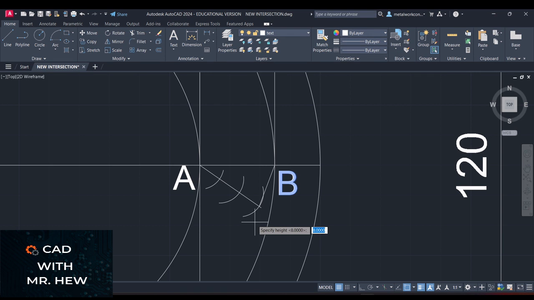I'm going to make it 4. So this would be 3. This would be 2. And this would be 1. What we're going to do is slide this line parallel with two set squares from 3, 2, and 1. Okay?